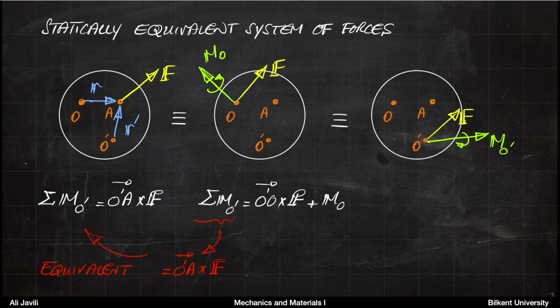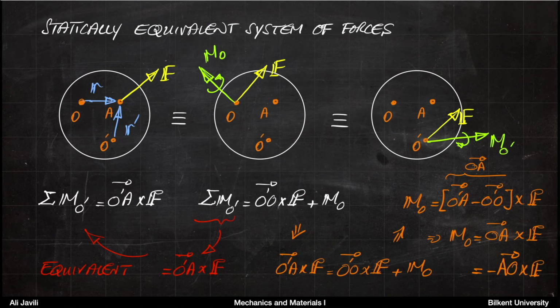That essentially means that the left-hand side must be O prime A times F, and if you insert that, you would end up with this equation. So O prime A times F equals O prime O times F plus MO.